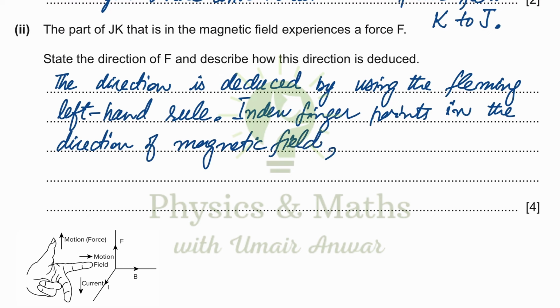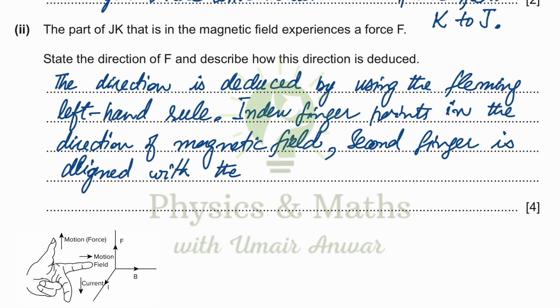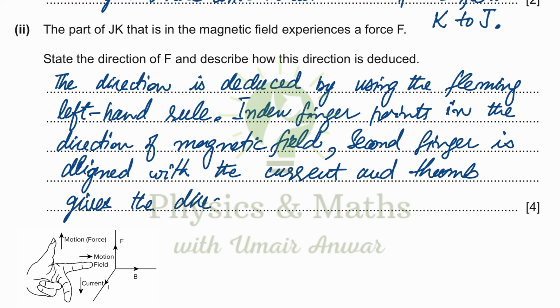Then second finger is aligned with the current, and thumb gives the direction of F, the force exerted on the conductor.